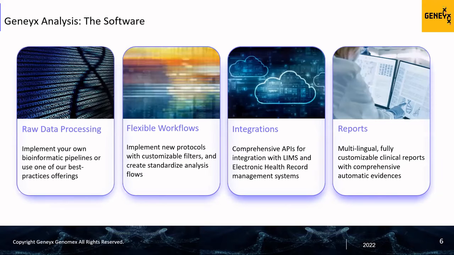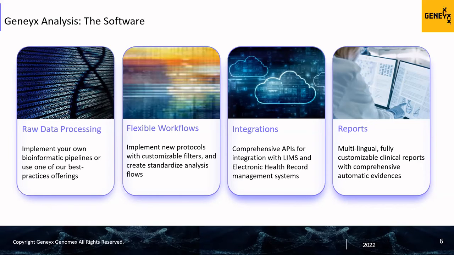To talk a little bit about what the GenX software offers, it really is an end-to-end solution. We can start from the FASTQ or raw data all the way to a clinical report. But there are a lot of steps in between that are very customizable and integrated with your current bioinformatic pipeline.